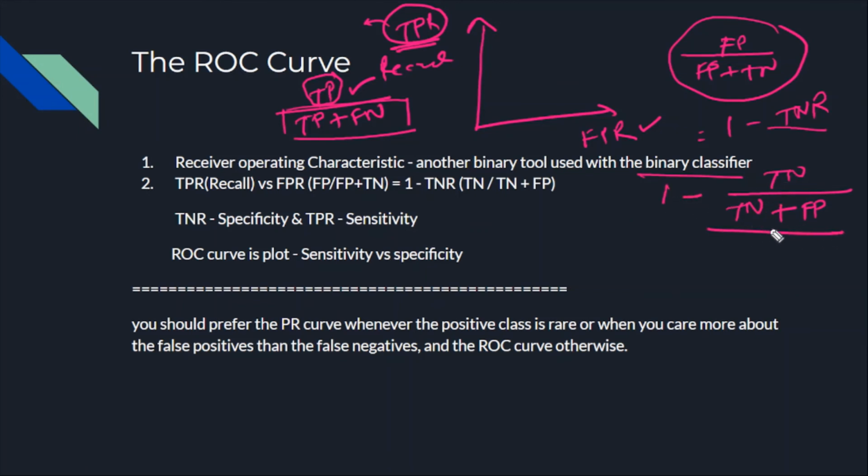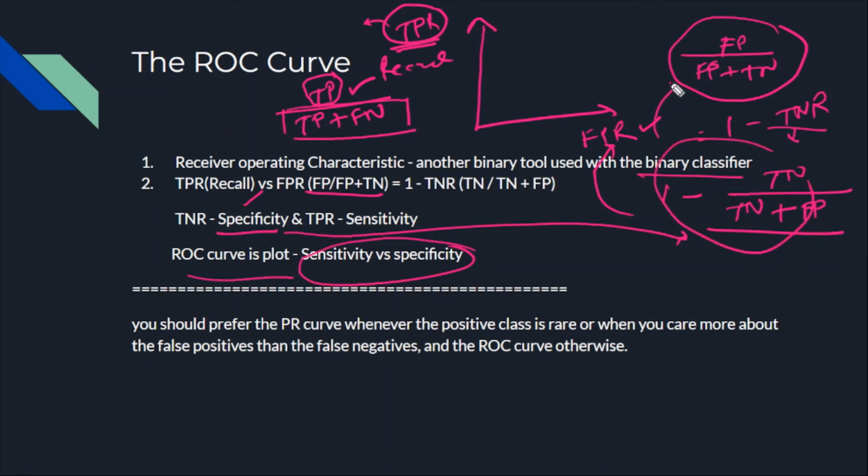So you do 1 minus this, and you will get the false positive rate, right? The true negative rate is also called specificity. So generally the ROC curve is called sensitivity versus specificity. When you do this calculation, you will get the FPR, which is FP upon FP plus TN.